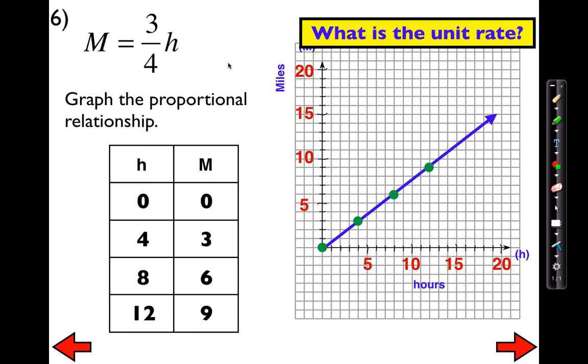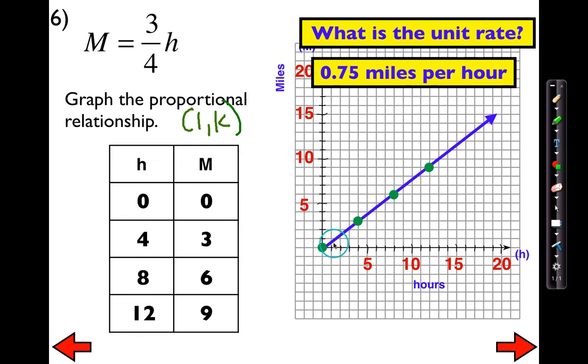So here, what is the unit rate? Okay, there's a couple ways to find the unit rate. Typically, we would look in a graph or look in a table. If we're looking in a table, we're looking for 1, k. I can't see it in the table, but I can see it in my graph, kind of. It's not exact, but I would guess that it is going to be 7,500 miles per hour.